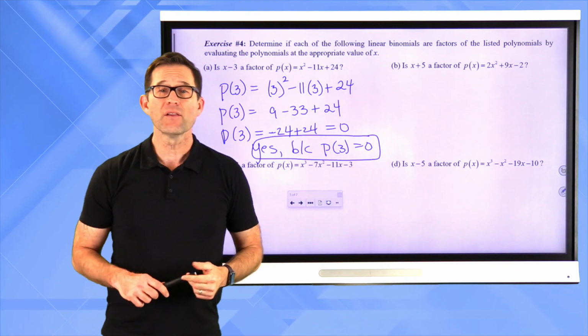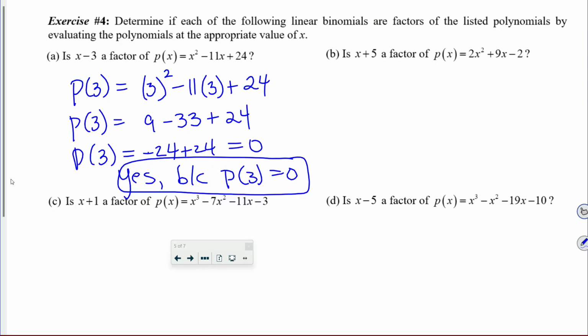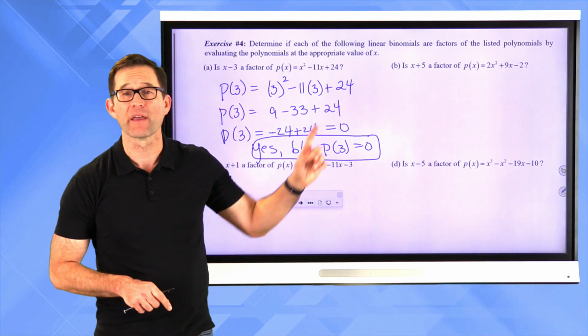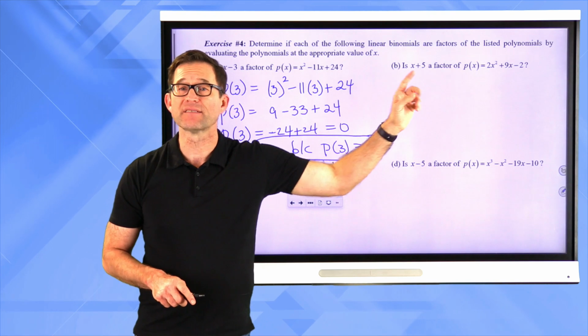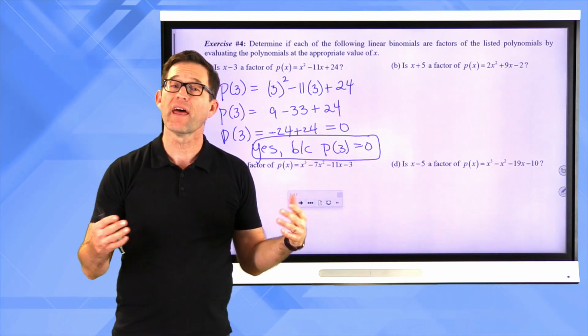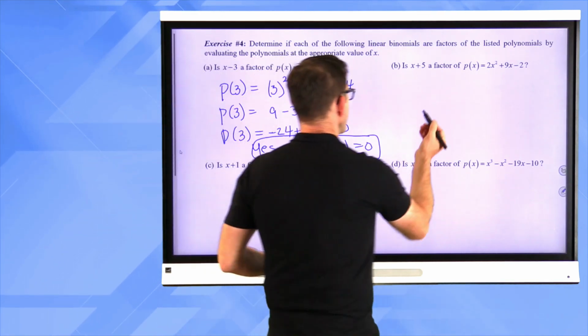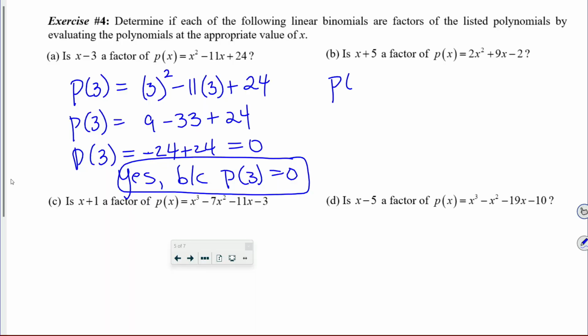Okay, take a look at letter B, right? Is x plus 5 a factor of P of x equals 2x squared plus 9x minus 2? Well, again, here, the important thing isn't to evaluate P of x at 5, but to evaluate it at negative 5. So what would I do? I would take P, evaluate it at negative 5, which again is 2 times negative 5 squared plus 9 times negative 5 minus 2.